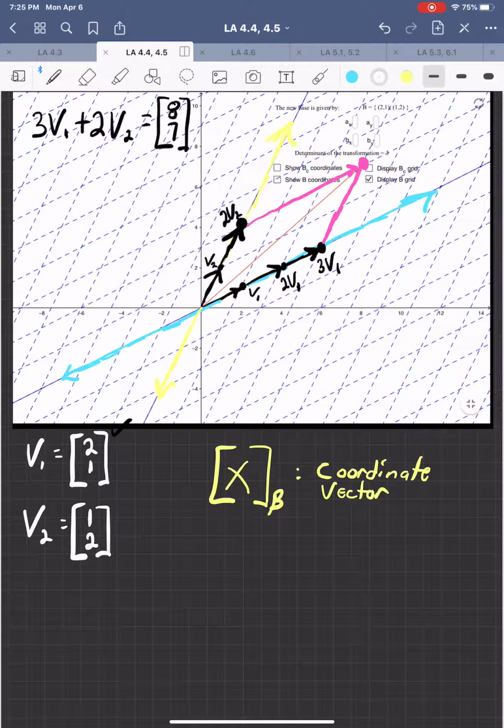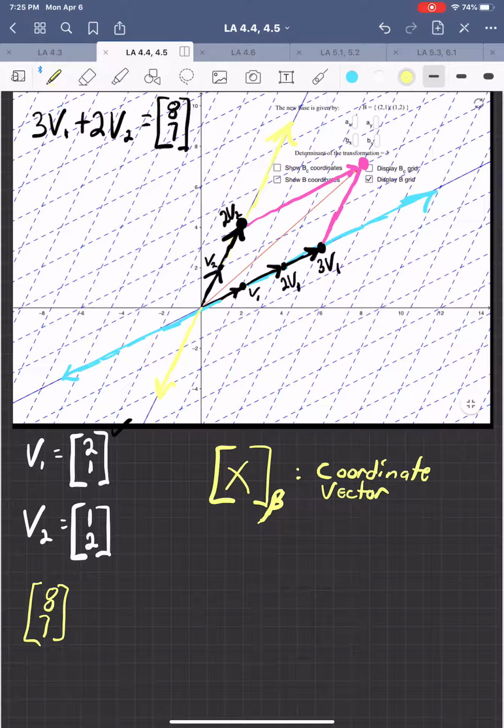All right. Now, what I want to talk about is what we call a coordinate vector. And notice the subscript that I'm using here has this B for basis, okay? So in this case, let's remember, you wanted to plot the point 8, 7.